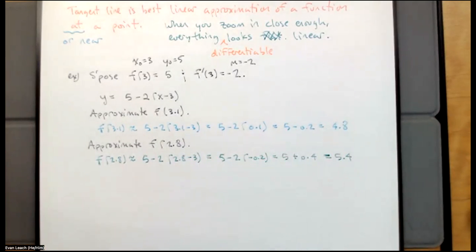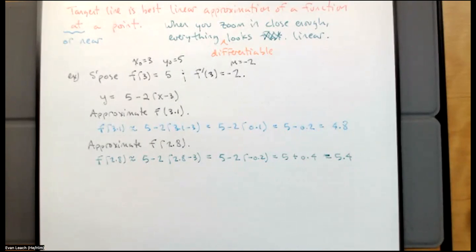The further away we go from the point, the more unreliable this information is going to be. We know what's going on at 3. This raises the question, how far away can we go? And the answer is, unfortunately, it depends. It depends on how accurate you need to be, for one thing.